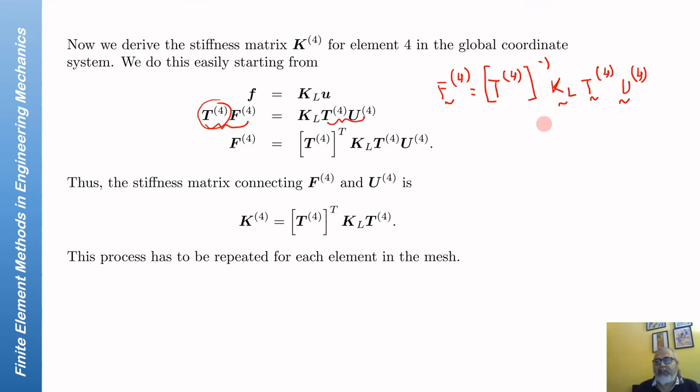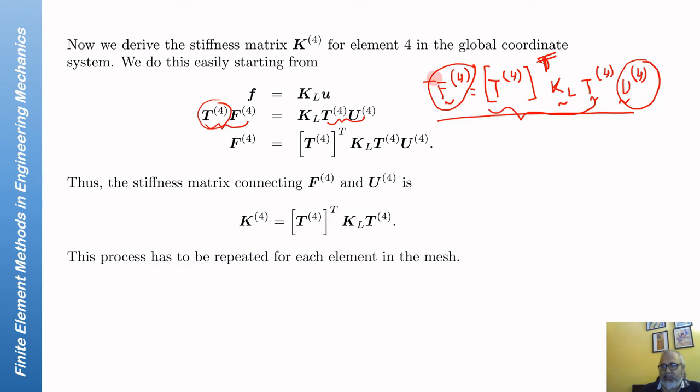So I can replace this inverse by a transpose, and then this is the relation that relates the forces associated with element 4 to the degrees of freedom associated with element 4, and therefore the matrix that connects these two must be the local stiffness matrix in the global coordinate system.